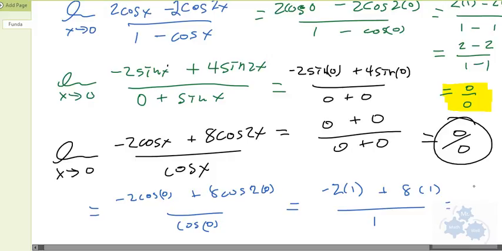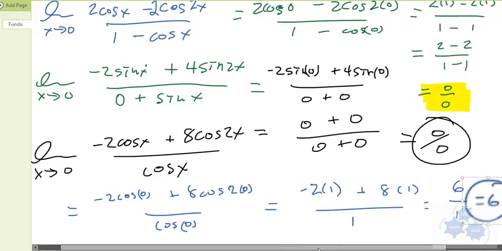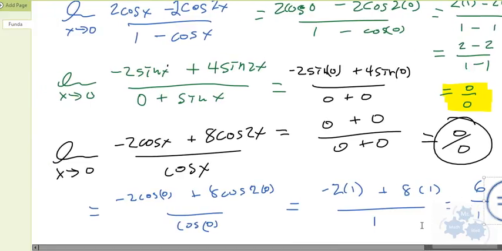Negative 2 plus 8 is 6 over 1, or 6. Okay, so we have a number that appears to be what the limit is. Now, if we've done our derivatives correctly, and if L'Hopital's rule is legitimate, then we might say, hey, the limit here, as x approaches 0, is 6.